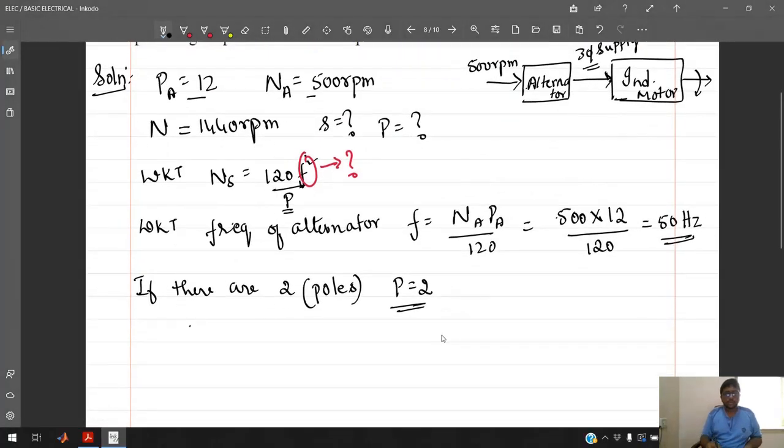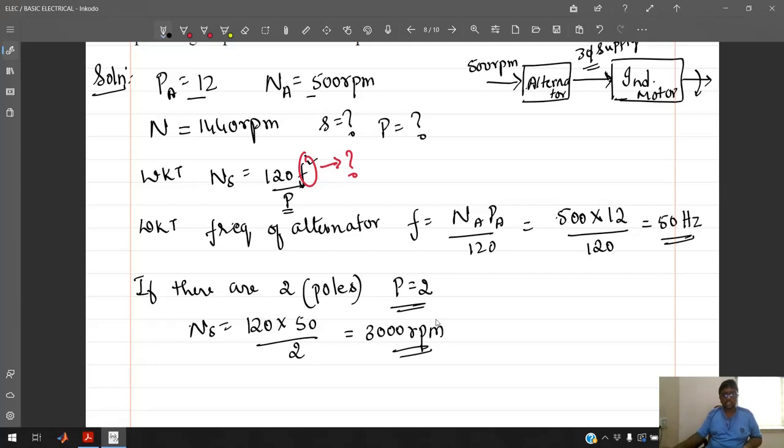So you are going to get Ns equal to 120 into 50 divided by 2, since the frequency is 50 hertz, so you're going to get 3000 rpm.